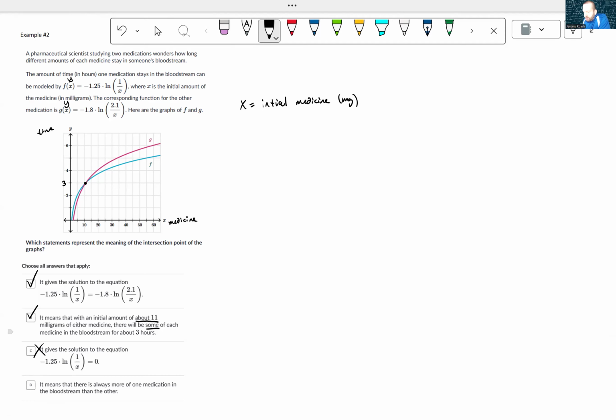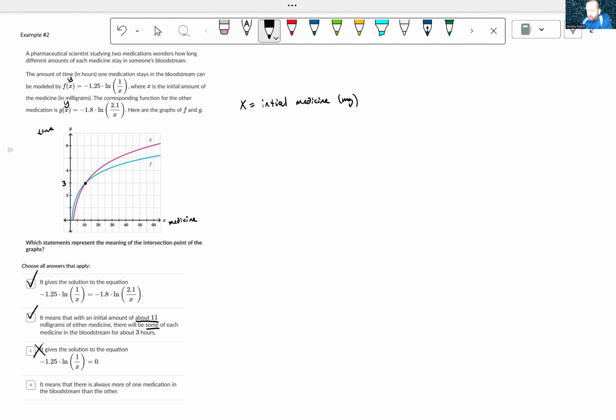So it looks like for g of x, for the first 3 hours, there's slightly more medication in the bloodstream than f of x. And then after 3 hours goes by, it looks like we've got more medication in the bloodstream for f of x.